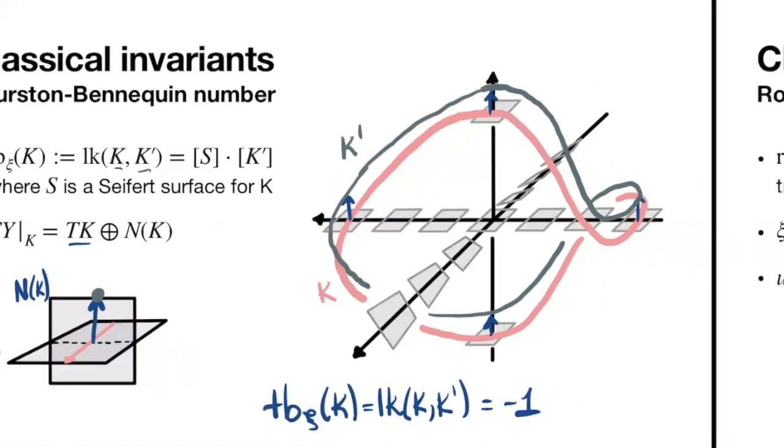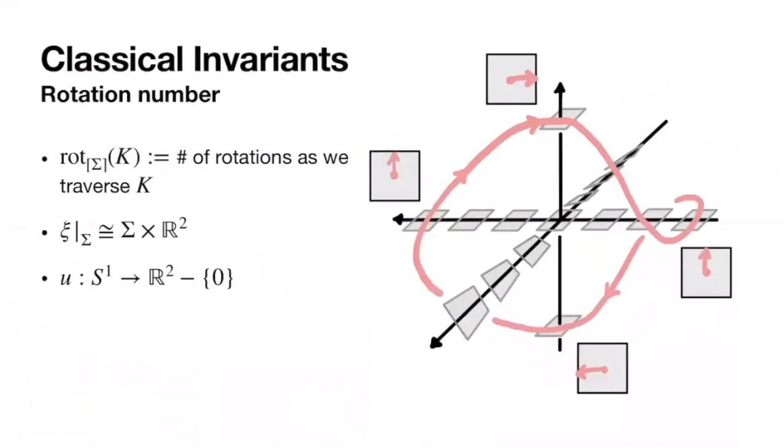What about the next classical invariant? This one is called the rotation number. I like to think of this as the number of rotations as we traverse K. So what does that mean? Well, if I think about my contact planes and I restrict them to a surface sigma that's embedded with boundary K, let's say for now that this is a Seifert surface, I can choose a trivialization.